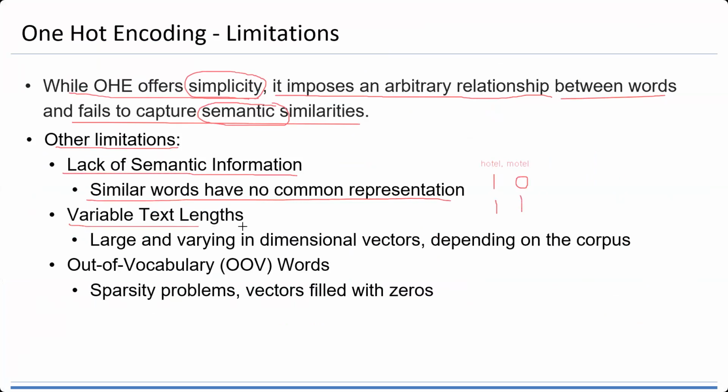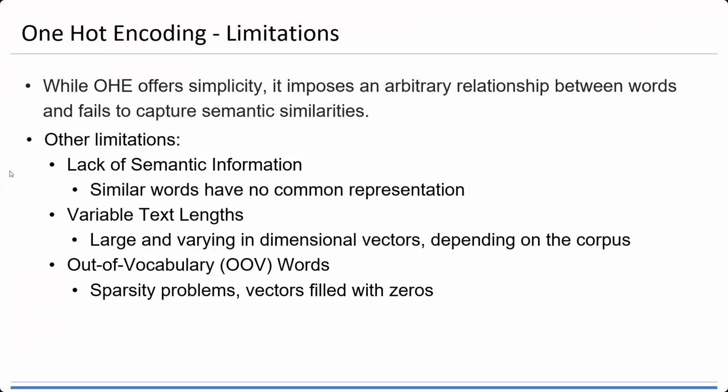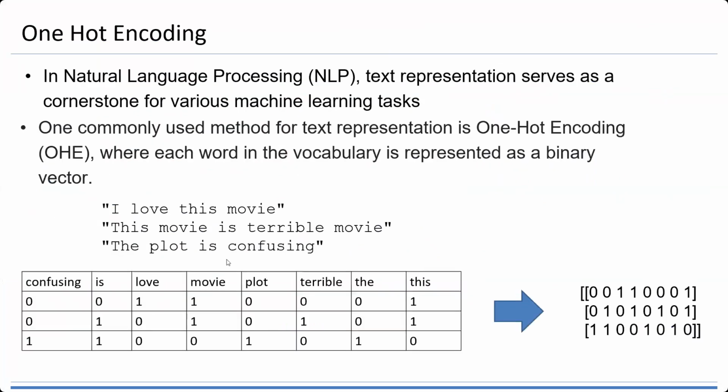The second limitation is the variable text length. Variable text length means it depends on the sentence. It can be large and varying in the dimension of the vectors depending on the purpose. If you look at the previous example, we have 1, 2, 3, 4, 5, 6, 7, 8, so eight columns.